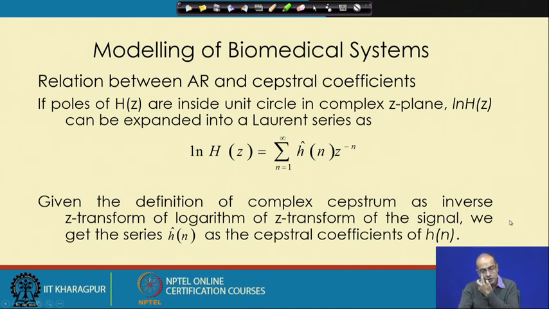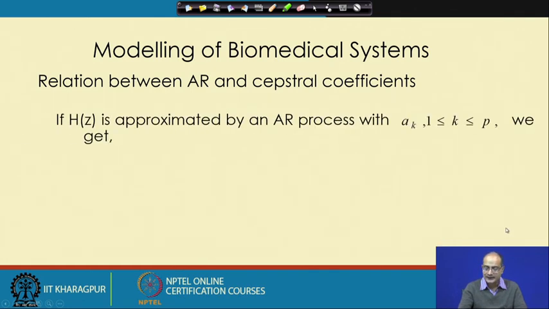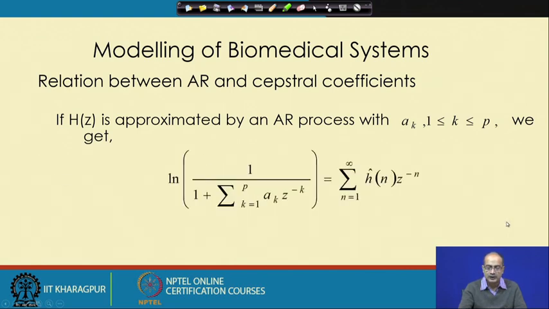We could get the Cepstral coefficients in this way, and let us see, if we take the AR model represented by the model coefficients a k for k equal to 1 to p, what is the relationship between them?